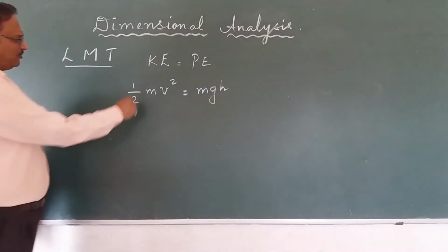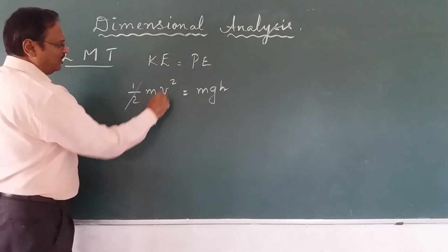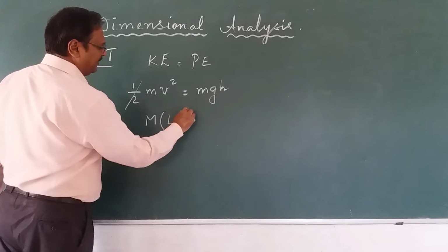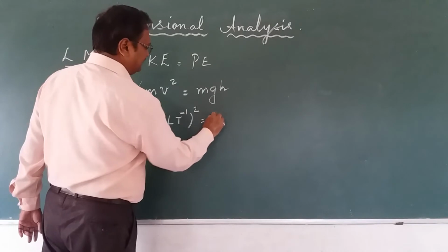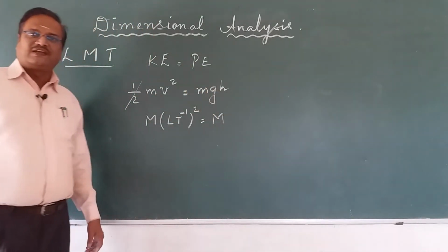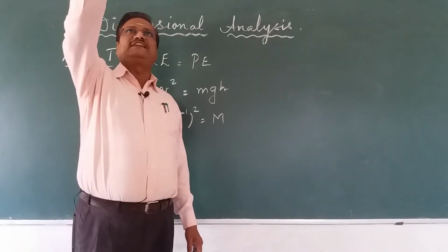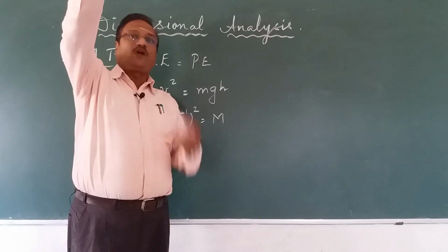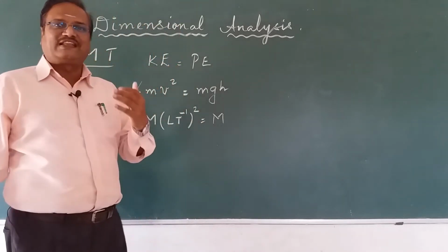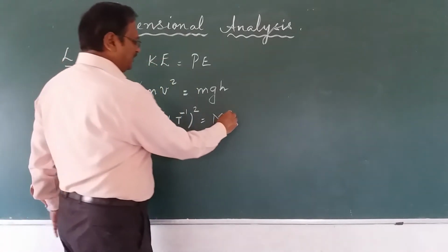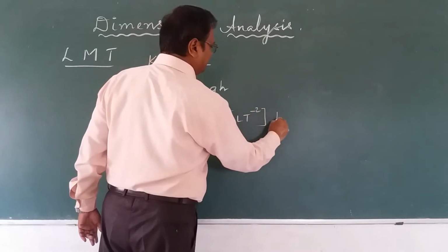We don't worry about the half. m is mass, and velocity is L t power minus 1 whole squared. g is the acceleration due to gravity. A body is attracted towards the earth, and the acceleration the earth exerts is called acceleration due to gravity, which is L t power minus 2. And h is height, which is length.